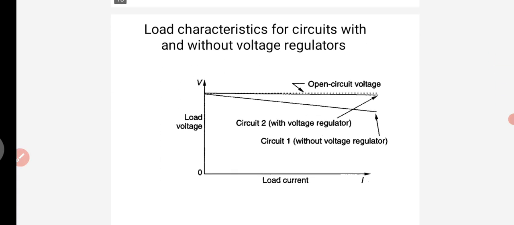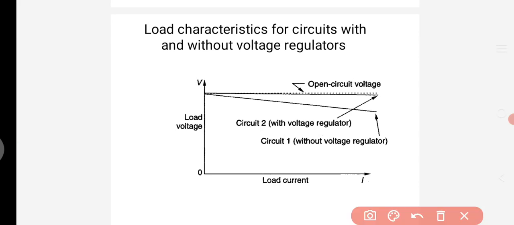Next one is load characteristics for circuits with and without voltage regulators. When we draw the graph between voltage and current, meaning load voltage and load current, the open circuit voltage is shown for circuit 2 with voltage regulator and circuit 1 without voltage regulator.